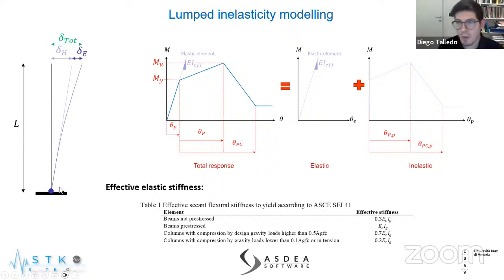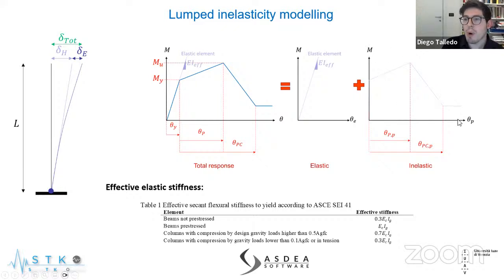The typical way of modeling this is basically considering the element and the hinge in series. So the total response is represented by this M-theta graph that can be thought as composed by the elastic element whose stiffness is usually the effective stiffness, so not the gross stiffness, plus the plastic behavior basically of the nonlinear spring.